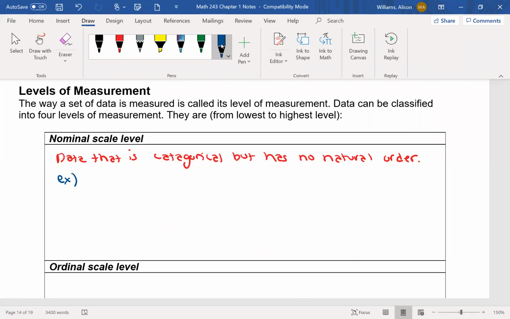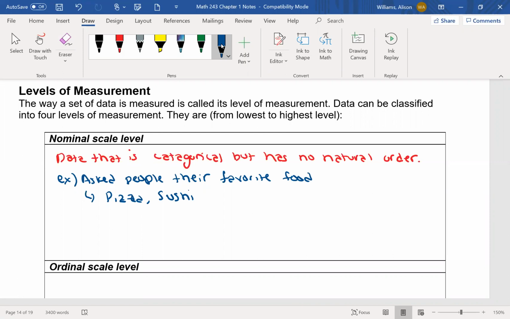Let's say I ask people their favorite food, singular. So I have this giant list of food, but putting it in order doesn't actually make sense, okay? Like putting pizza ahead of sushi. If somebody says pizza and the next person says sushi, putting one ahead of the other doesn't mean anything.